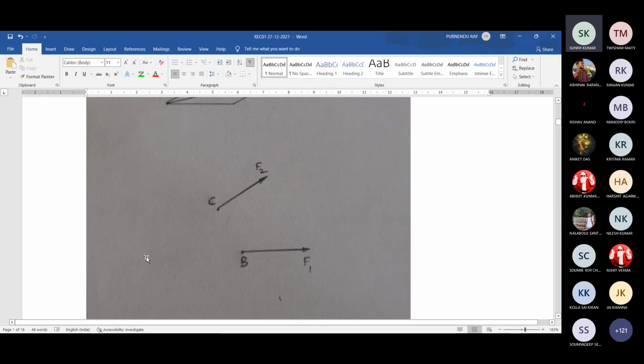Suppose these are overlapping, and we can consider that minus R force, that is the equilibrium force or the third force, it may be F3, whatever it may be. F1 plus F2 plus F3 is equal to 0, giving us that equilibrium situation. So in that case, we can draw three lines, one along F1, another along F2, and the third one along the equilibrium force F3 or minus R, whatever you like to call it.